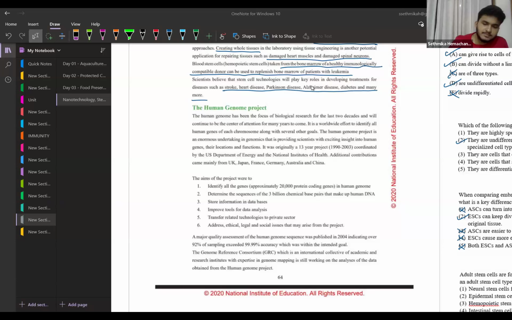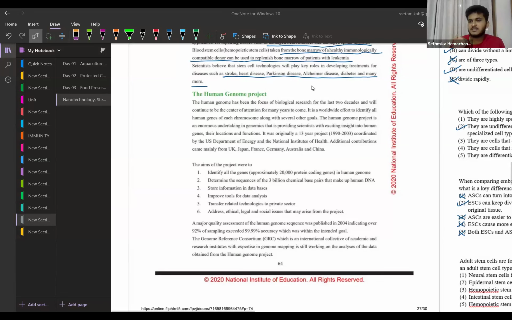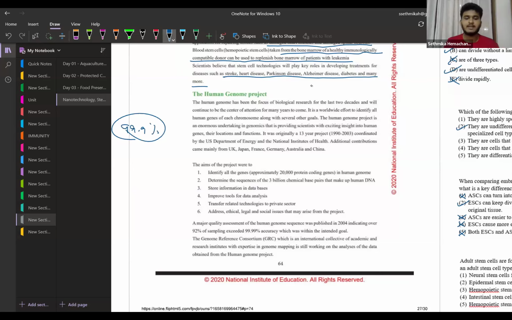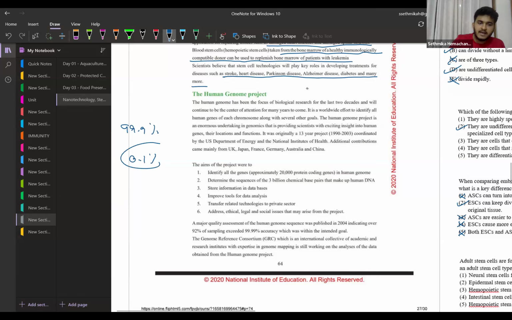Now, when we consider our genes, you and me, 99.9% of the genes in our body are similar. So every human is similar to each other in a 99.9% manner. The only variation that we have is 0.1%.